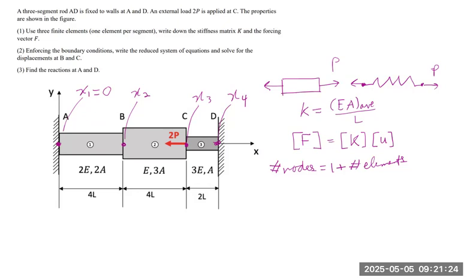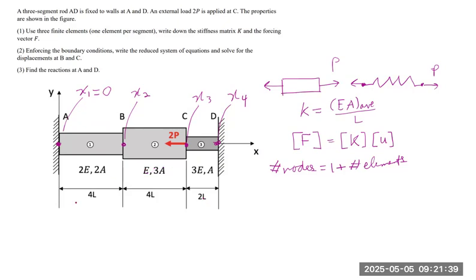Now, we have to define our stiffness matrix K. So each of these rods is going to have some spring constant because as we mentioned earlier, they behave like a spring, like a mini spring.